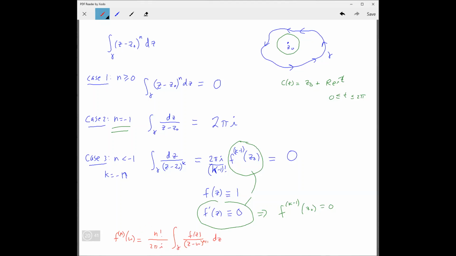Cauchy's integral formula for derivatives is this, for all values of n. So since this n plus 1 is a k, that means we have k minus 1s here and here instead of n's like we have here. And then this goes up to the numerator, that goes to there.